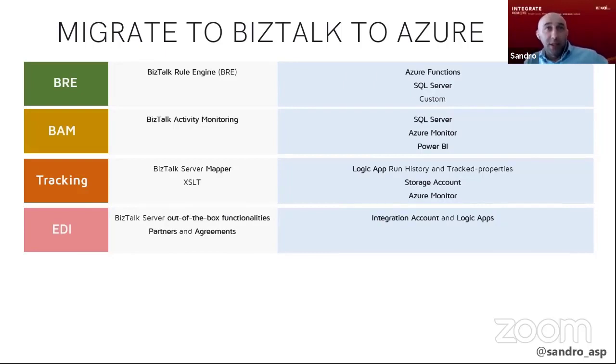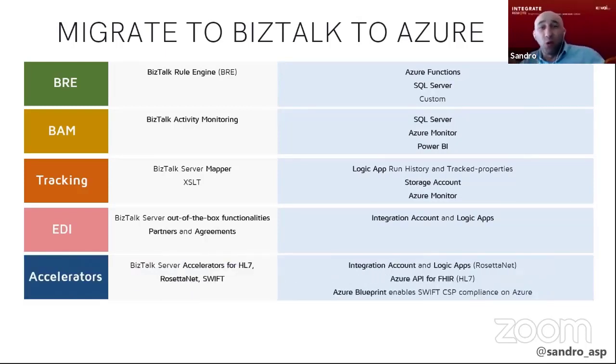EDI. This is one of the out-of-the-box functionalities of BizTalk. There are partners and agreements to support all the EDI schemas. In Azure, we have integration accounts and Logic Apps to do that. If you go to the other accelerators like RosettaNet, HL7, and SWIFT, RosettaNet is supported by integration accounts and Logic Apps. HL7 is weirder.